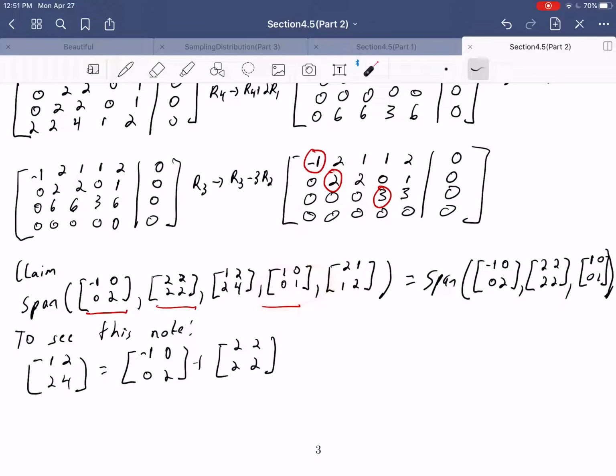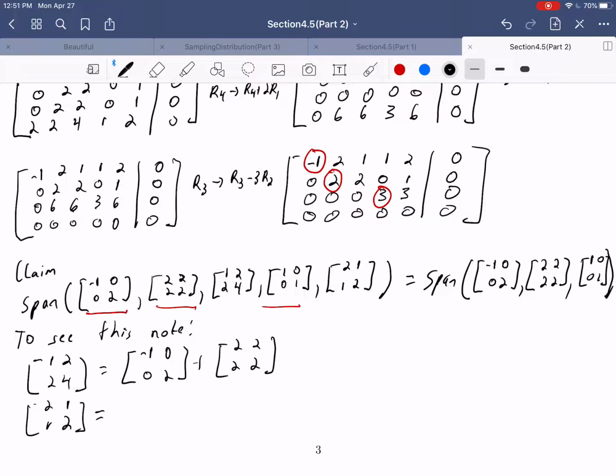Same thing with this guy, although it's a little bit harder to see. Oh, sorry, this guy here. My apologies, that's the one we're removing: 2, 1, 1, 2.